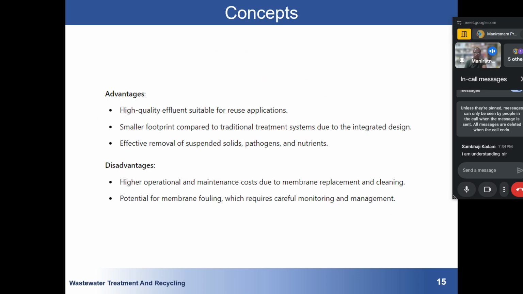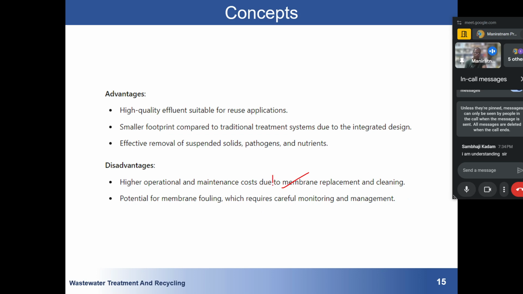The advantages, as I already said: high quality effluent suitable for reuse, a smaller footprint compared to traditional treatment systems due to integrated design, and effective removal of suspended solids, pathogens and nutrients. Then we have the disadvantages: high operational and maintenance cost, which we have already discussed, and potential for membrane fouling, which requires careful management.